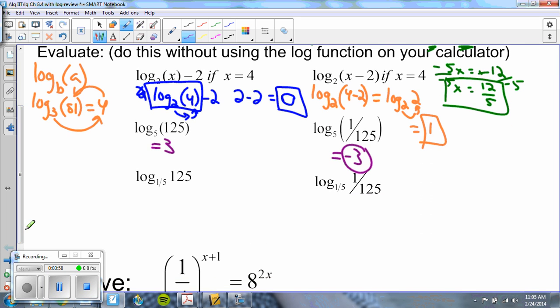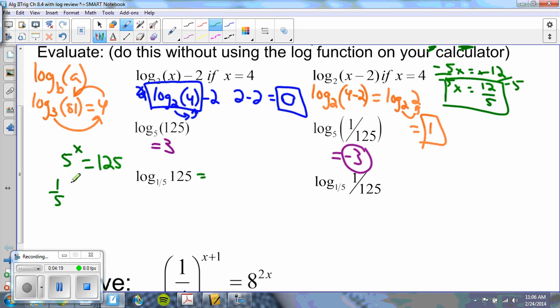Okay, going on down, log base 1/5 of 125. Who had this one? Okay, Josh? I don't have that. Oh, okay. If only we hadn't been talking the whole time, that might have helped. How about this, Josh? 5 to what power is 125? 3rd. Good, 5 to the 3rd.